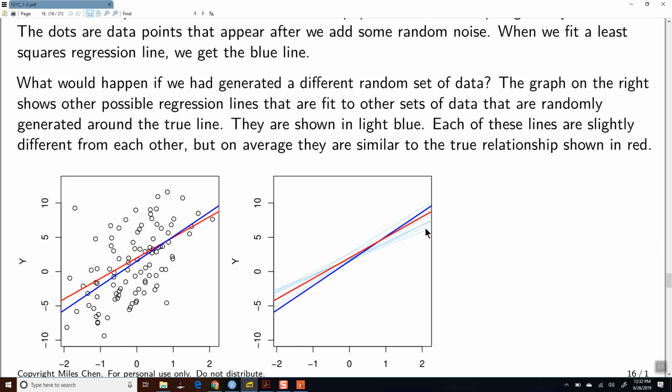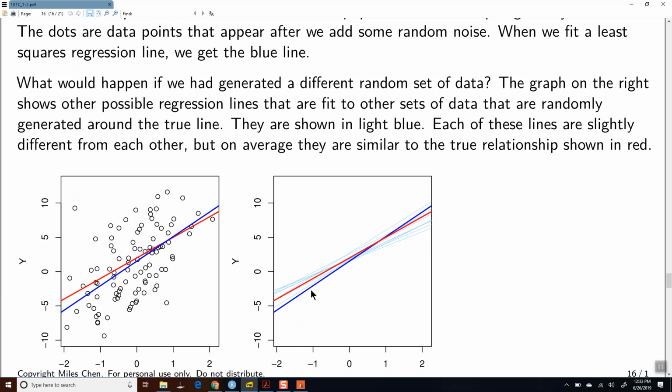And so in light blue over here, we've generated other random data sets that look kind of like this, but not exactly like this, and we fit regression lines to each of those. And every time we fit it, we got something slightly different. We got a blue line that goes up here, we got a blue line that goes over here, all of these different light blue lines.